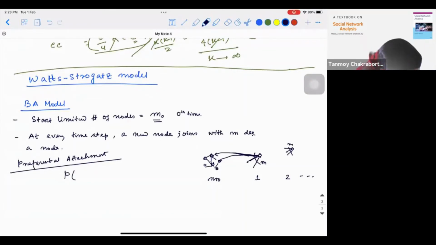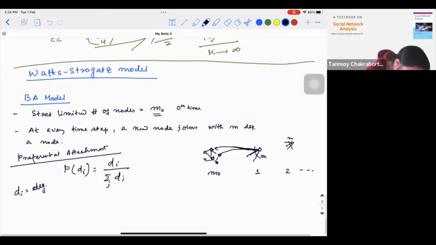So the probability that a new edge is attached to an existing node with degree di is di divided by the summation of dj, right? What is di? Di is just a degree.